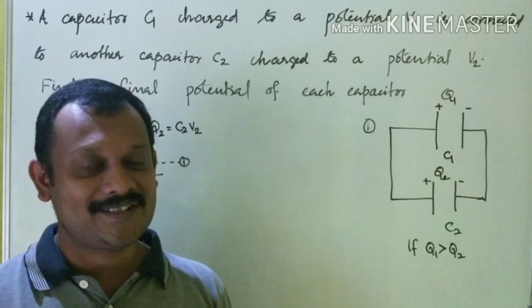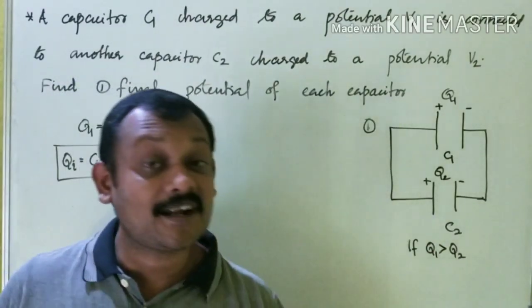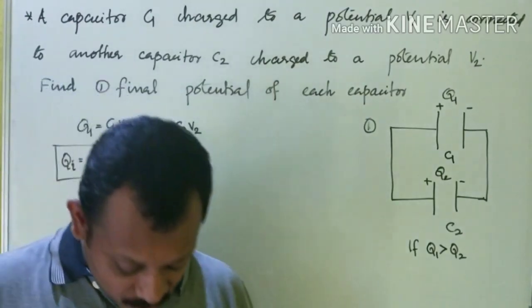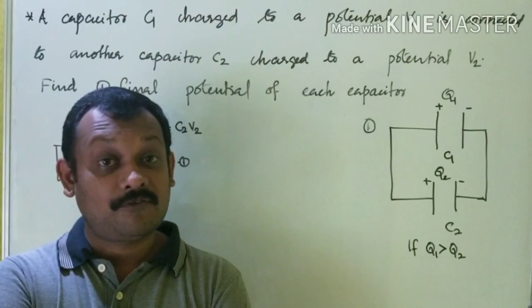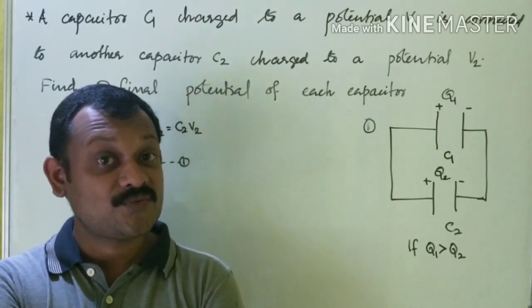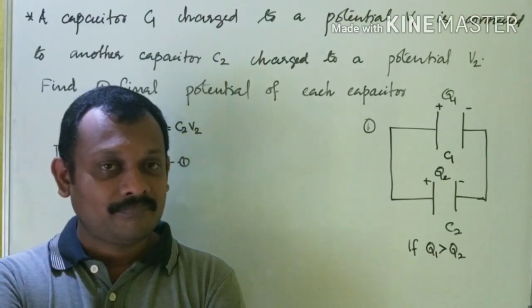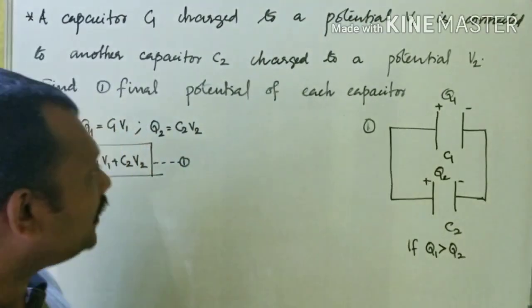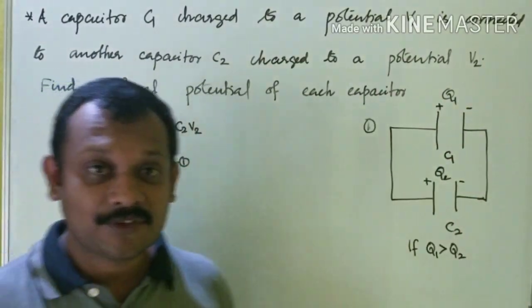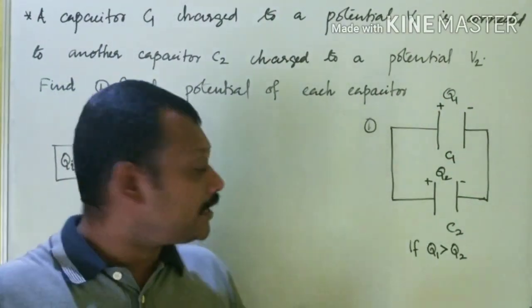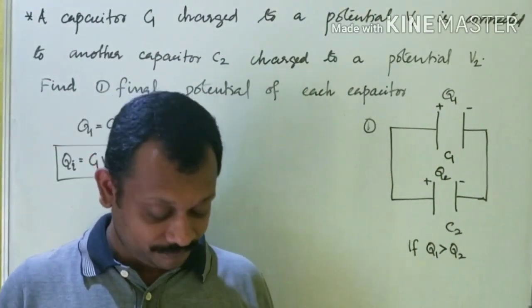This is an important question. Everyone will say that charge will flow from C1 to C2 because Q1 is greater than Q2, right?